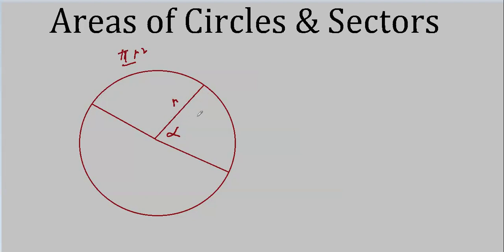For this sector here, we'll say A sub s, the area of the sector. Well, that's just the area of the circle, pi r squared, times the fraction of the circle. And what fraction of the circle is this? Well, it's the same as the fraction of 360, which is alpha.